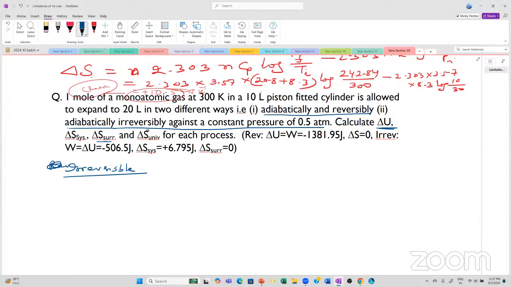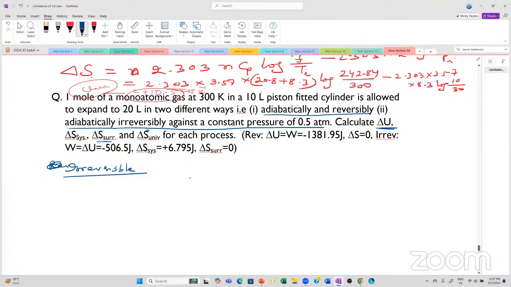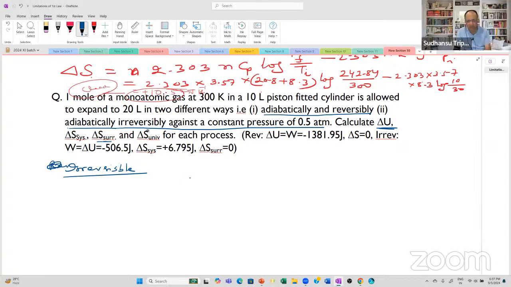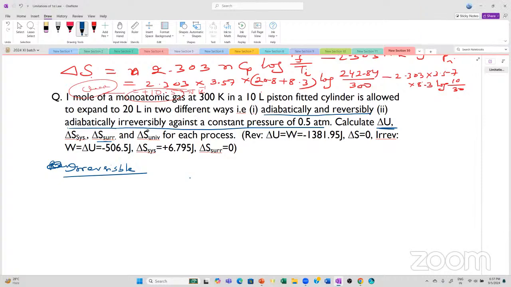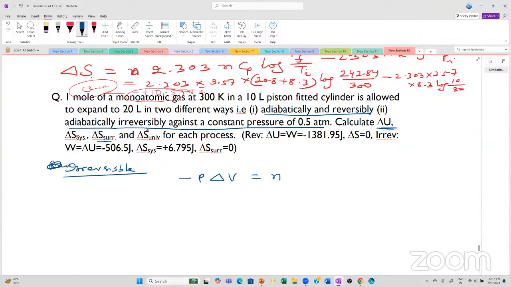For the irreversible, delta U is equal to W. That is true for all. What two expressions you have to equate, Rudra? Sir, minus P delta V and n Cp delta T. Yes, n R delta T?